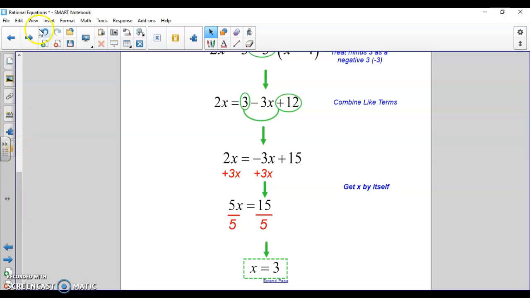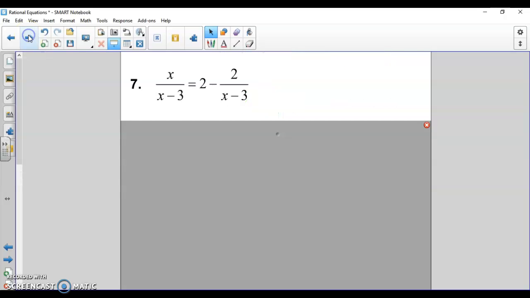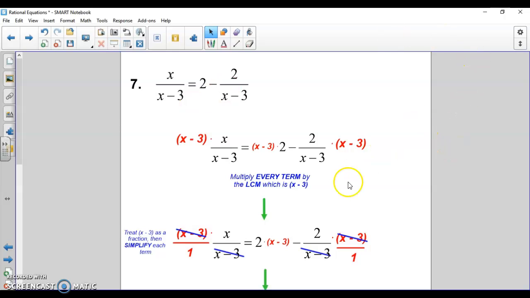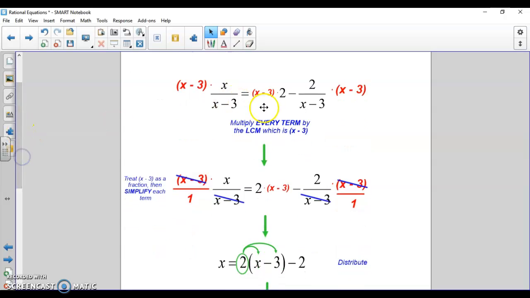Alright. Last one. Same type of problem as this one. Just an extra one to go through. X minus 3 is your bottom term. So that's your common multiple as well. So we multiply everything by the x minus 3, even the 2. The 2 gets multiplied by the x minus 3 as well. It doesn't matter where you put the x minus 3. I just realized I put it in 2 different spots, but it's the same thing.